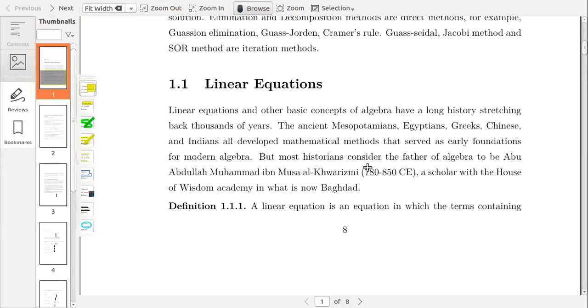But most historians consider the father of algebra to be Abu Abdullah Muhammad ibn Musa al-Khwarizmi, a scholar with the House of Wisdom Academy in what is now Baghdad. So this was actually called the golden age of Islam in Baghdad, because this was the time of the Abbasid Caliphs.